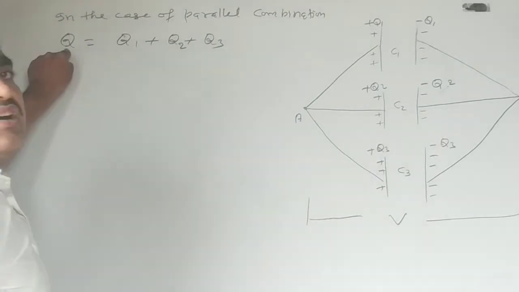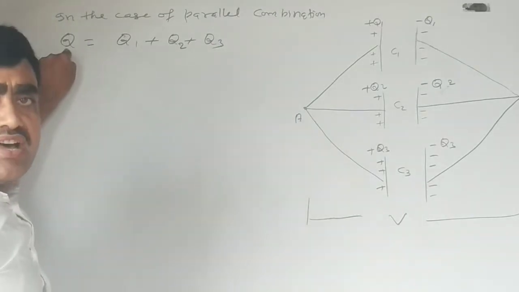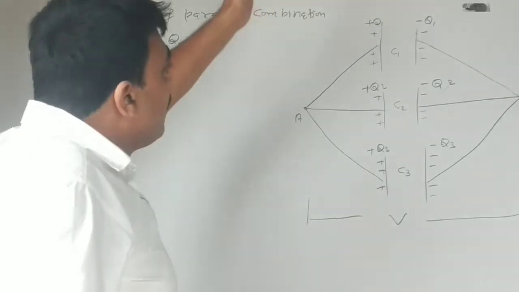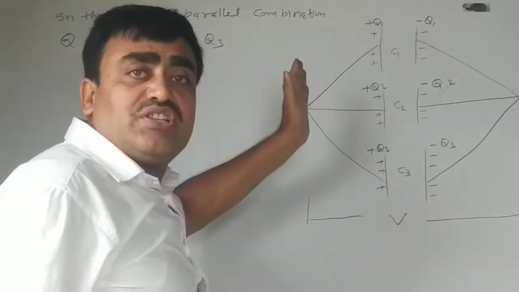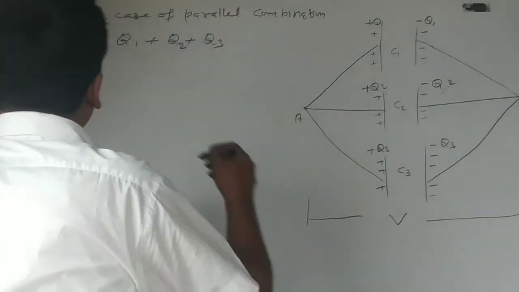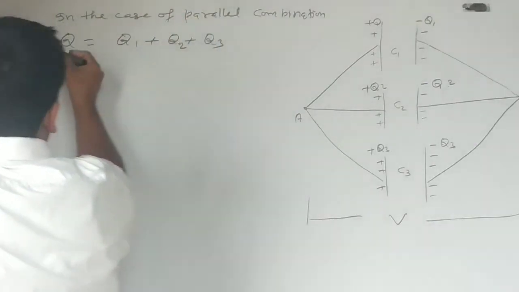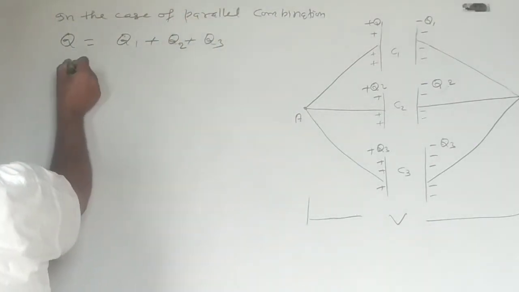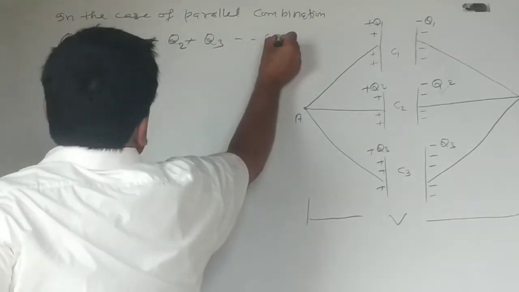Here Q is the total charge given to the capacitors. This is equation 1.